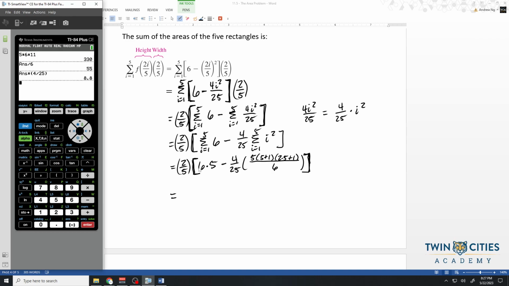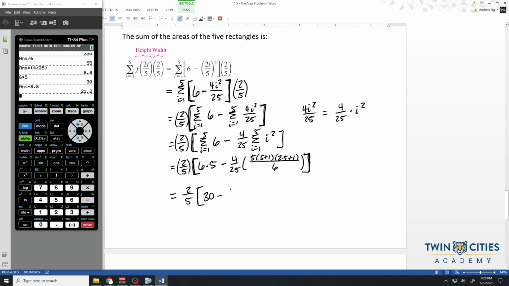6 times 5 is going to be 30. Now we subtract the 8.8. So this is 2/5 times 30 minus 8.8, and 30 minus 8.8 is 21.2.